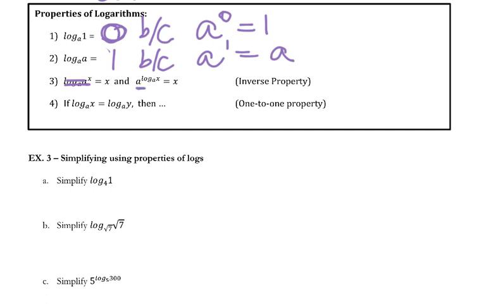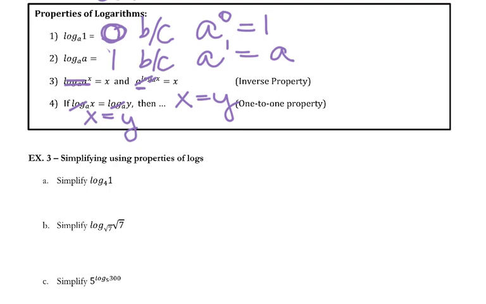Similarly, if you start with a raised to the log base a of x, this base and the logarithm are going to cancel and leave you with x, because logarithms and exponential statements are opposites and they cancel. Finally, if you're given log base a of x equals log base a of y, then we can simplify this to x equals y. We're essentially just getting rid of the logarithms, canceling them on both sides, leaving us just with x equals y.